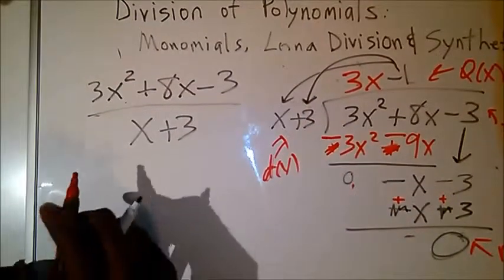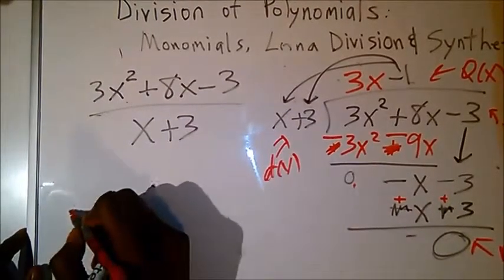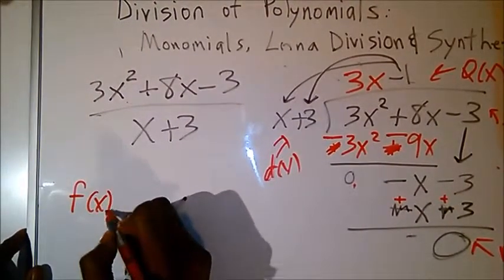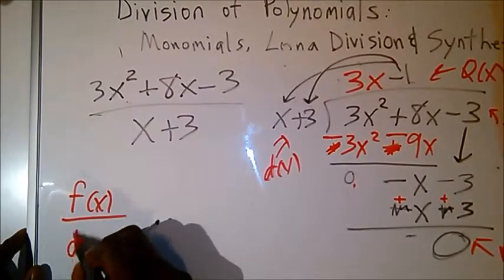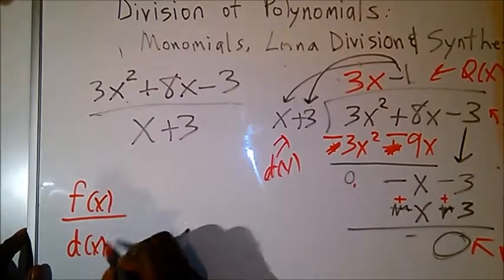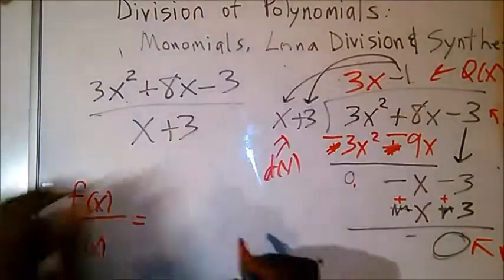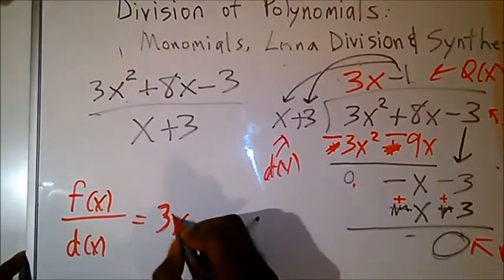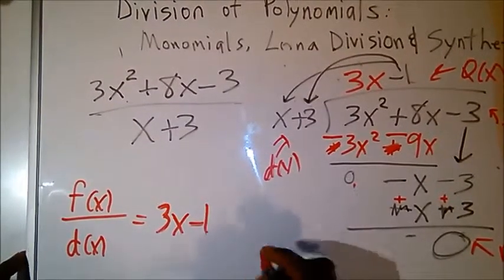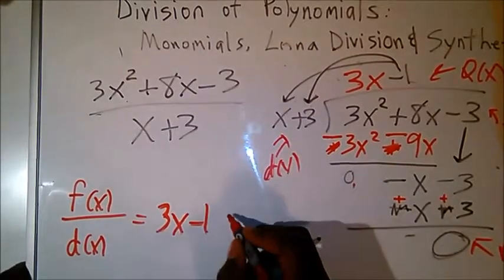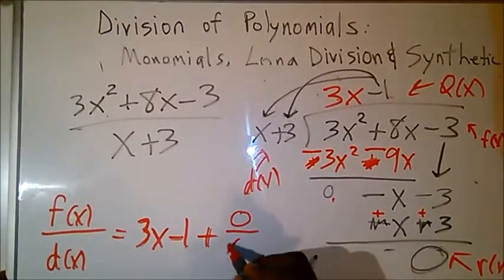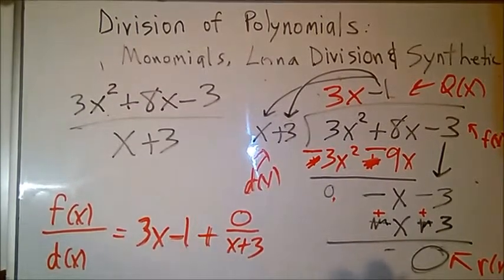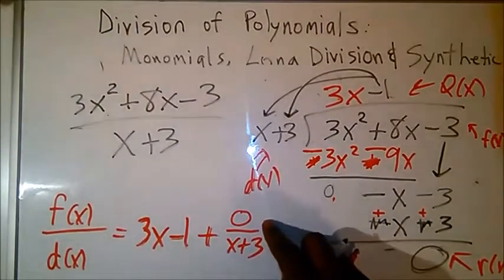So I'm going to express the answer in this way: f of x over d of x is equal to my quotient, which is 3x minus 1, plus my remainder of 0 over my divisor.